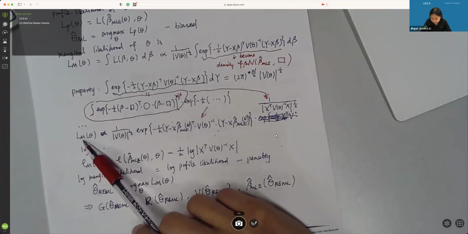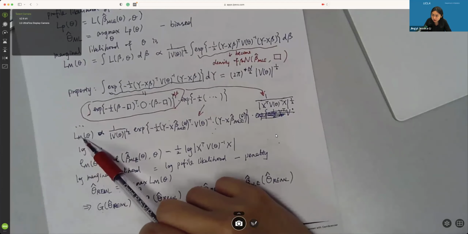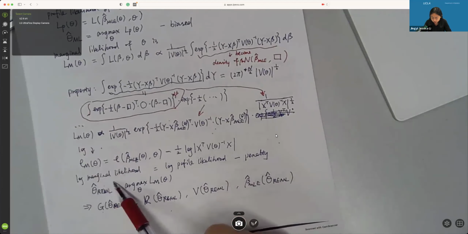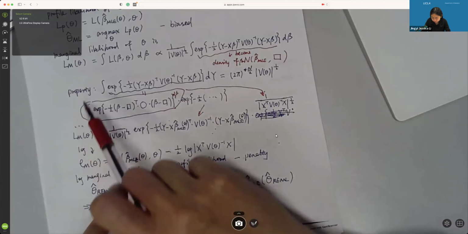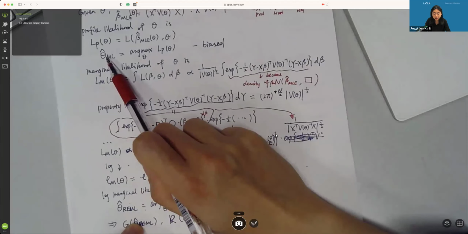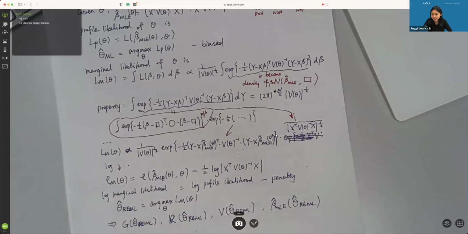I want to say that basically the marginal likelihood estimator, the REML estimator, can be shown as unbiased for theta given a finite sample. So it's not just asymptotically unbiased, because the ML, if we just use the profile likelihood to get the theta hat, it is asymptotically unbiased, but it's not finite sample unbiased.